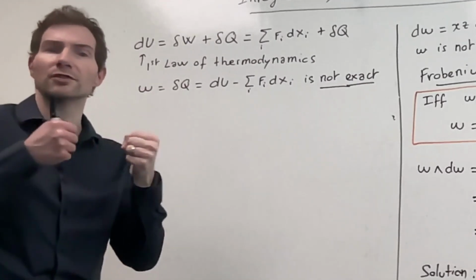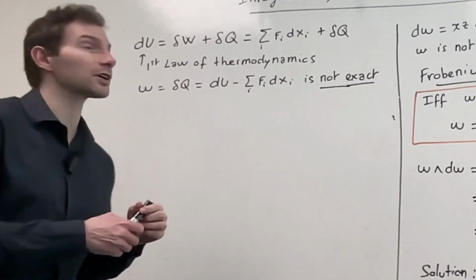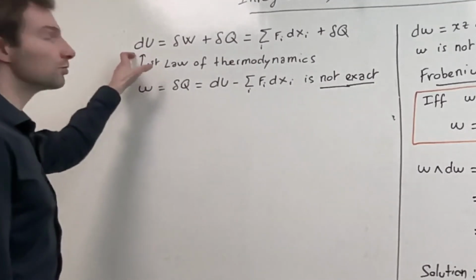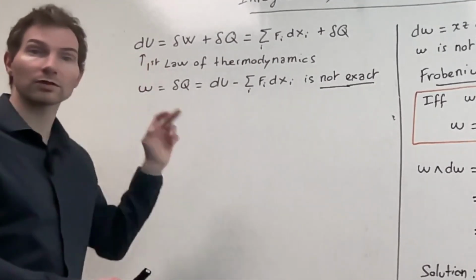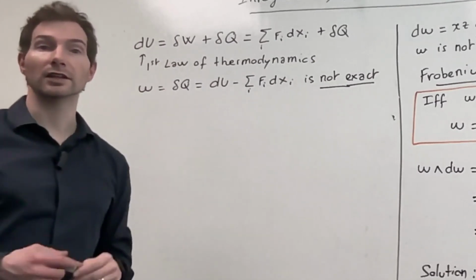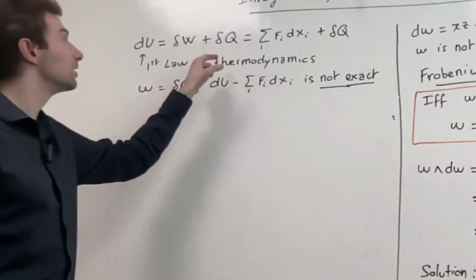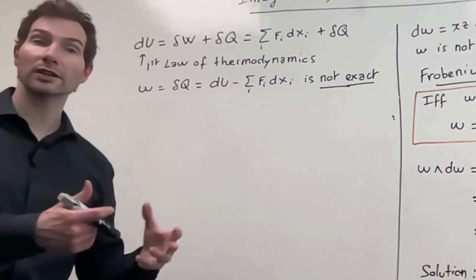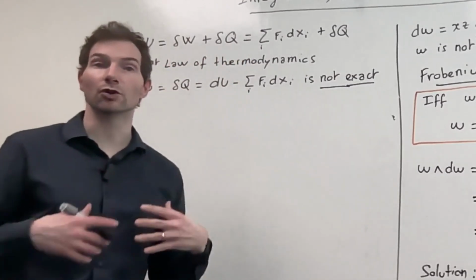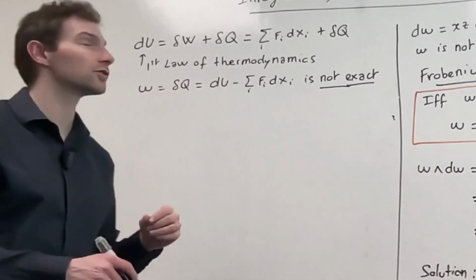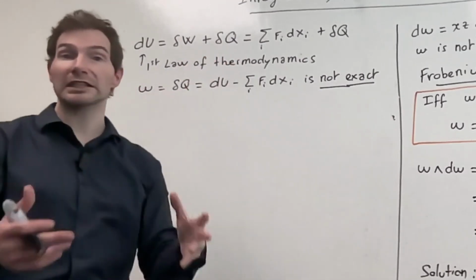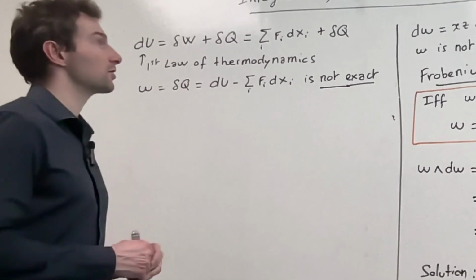So for very slow processes going on, you've got that dU, the infinitesimal variation in the internal energy, is equal to δW plus δQ. So δW is a work that is being received or done by the system depending on the convention you use, and δQ is a heat being received by the system.